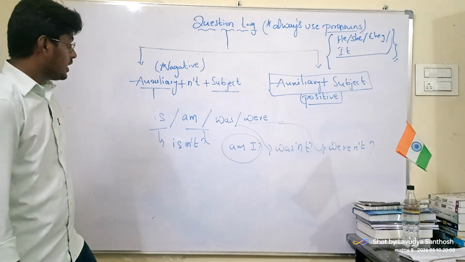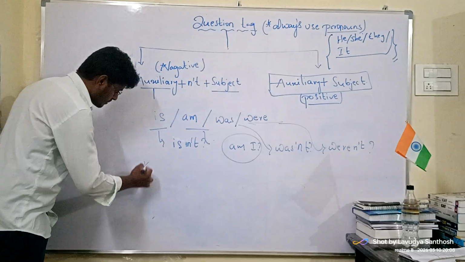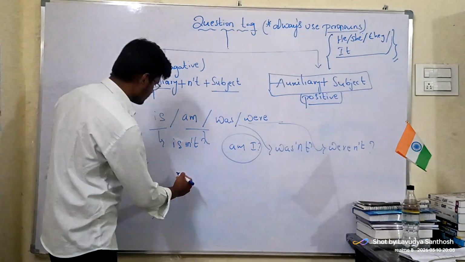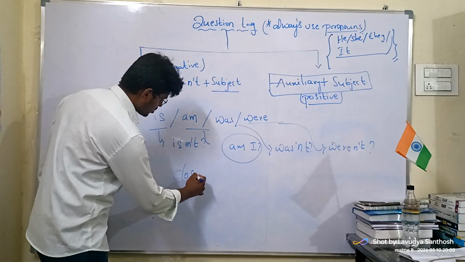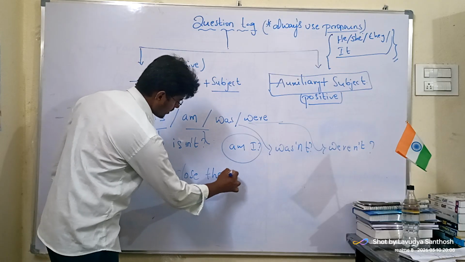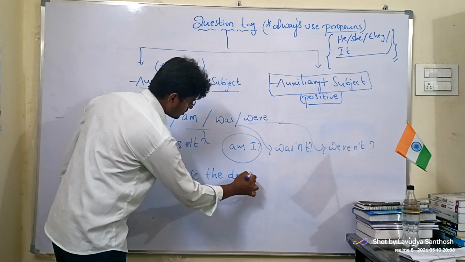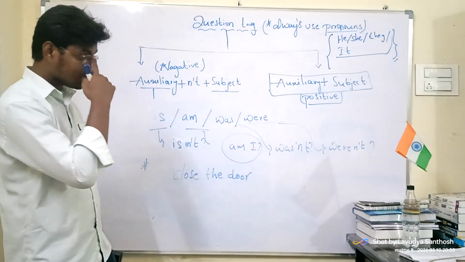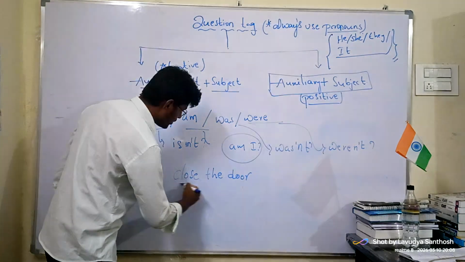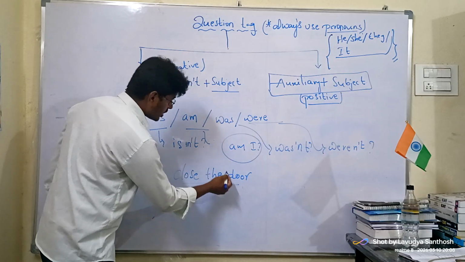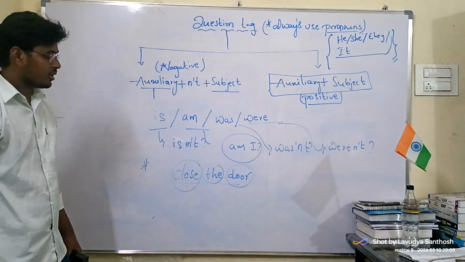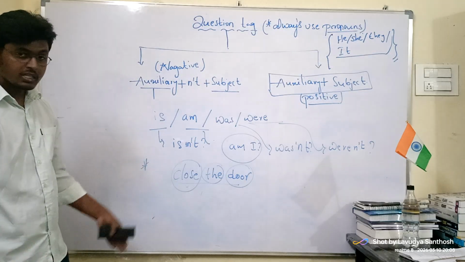Now one more thing I have to explain here. Close the door, close the door, it is nothing but a future action. You are just commanding, close the door. So here we use will. The object is there, this close is there, but where are the auxiliaries?